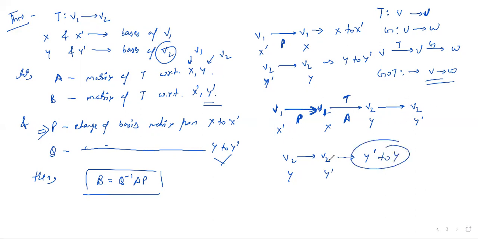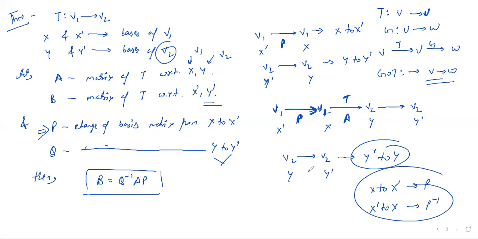We have studied that if I have a mapping from x to x dash, which is my P, then the corresponding change of basis matrix from x dash to x will be P inverse.